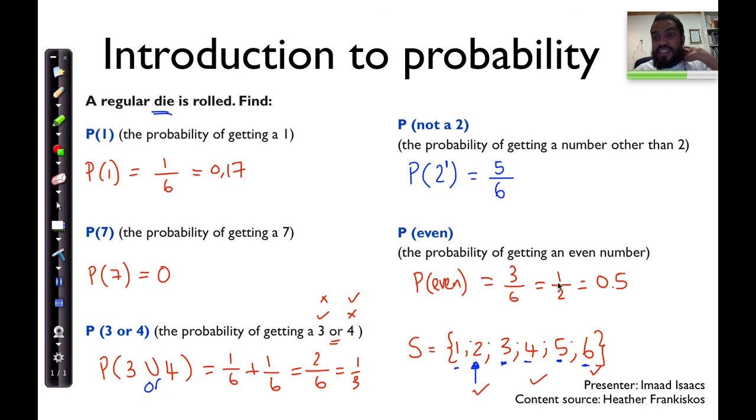This equates to 50%, and therefore the probability of getting an even number is 50%, which means it's equally likely to not get an even number. Okay, so there's your basic introduction to probability with a few basic probability questions.